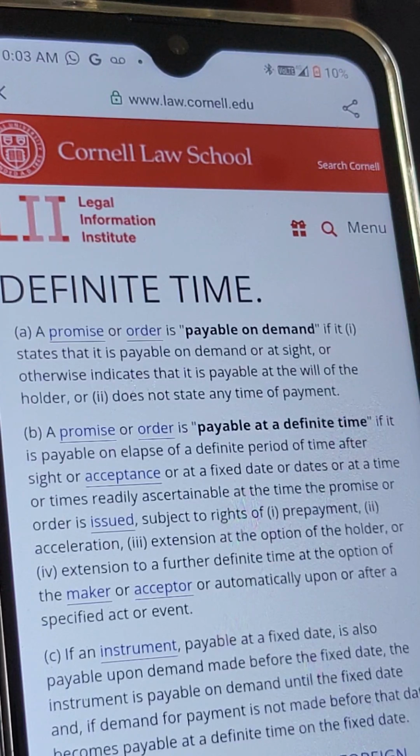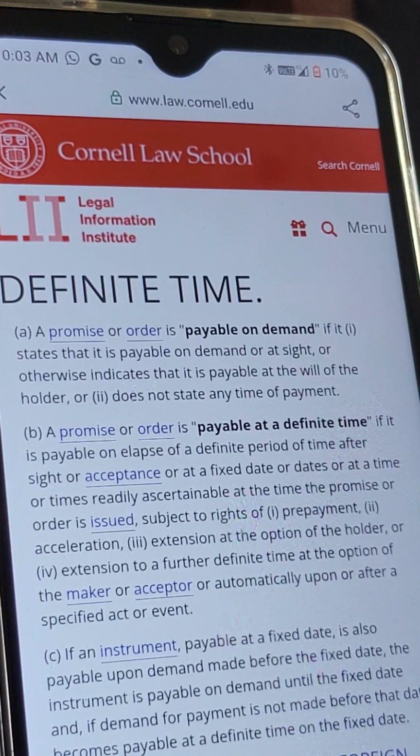A fixed date or dates, or at a time or times readily ascertainable at the time the promise or order is issued. All right. C, if an instrument payable at a fixed date is also payable upon demand made before the fixed date, the instrument is payable on demand until the fixed date.